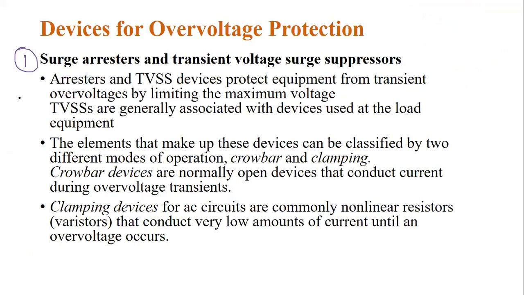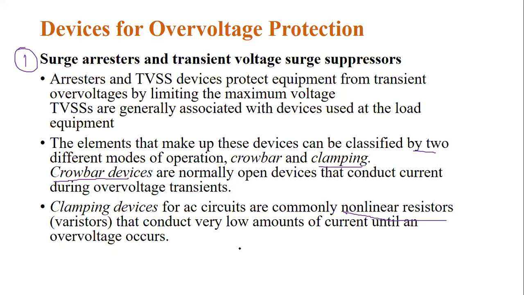Now see this. How to classify these devices? These devices can be classified into crowbar devices as well as clamping devices. Clamping devices for AC circuits are commonly non-linear resistors.